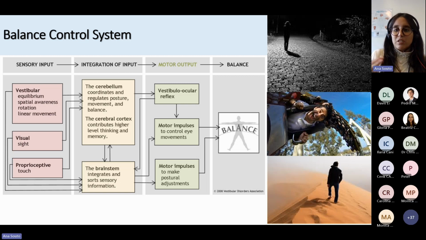So it's important to understand that this mechanism is essential for balance control, and when we are in the presence of some pathology or even just some changes in the environment, we need to rapidly reweight each input.